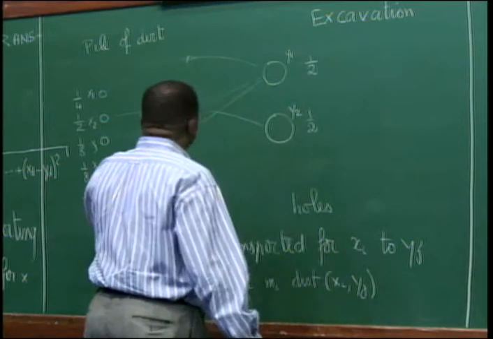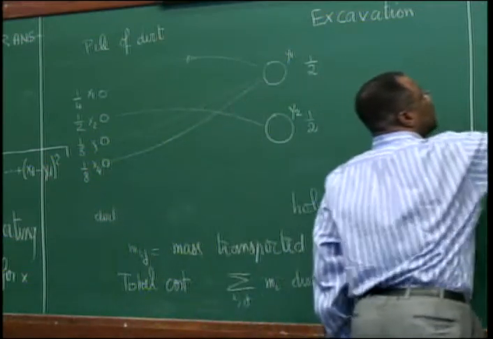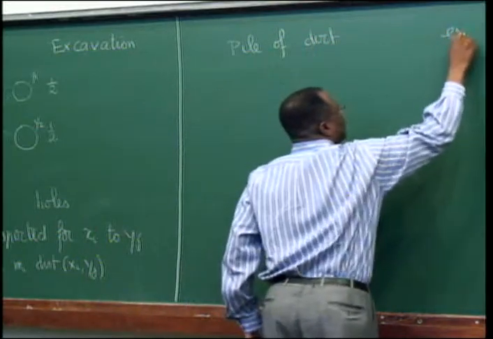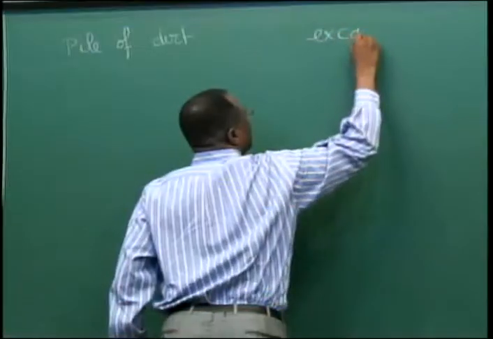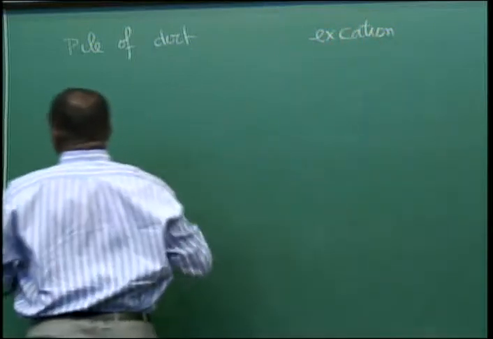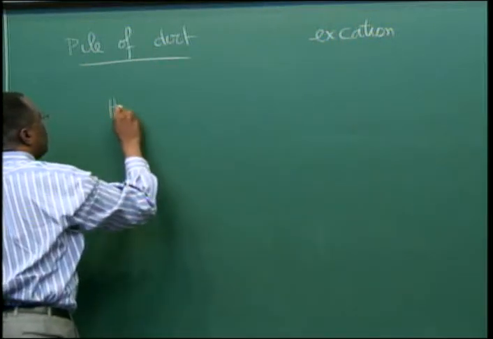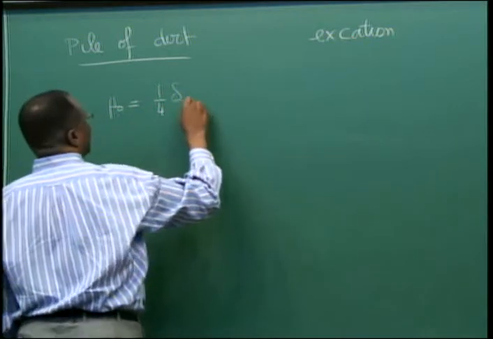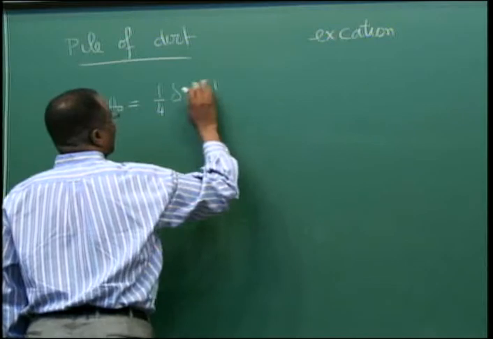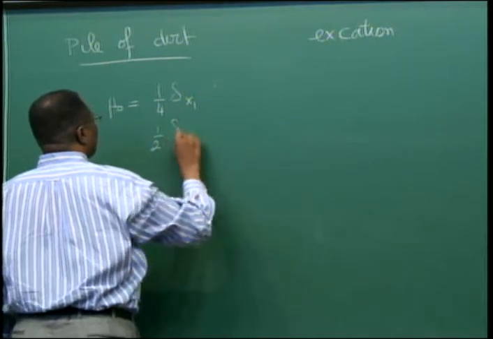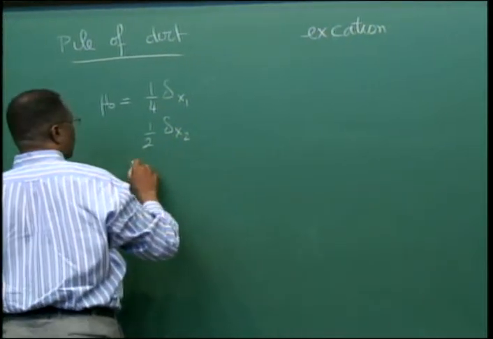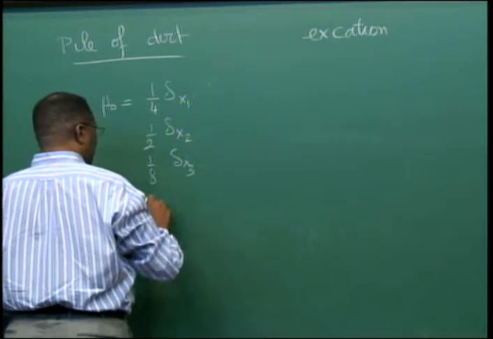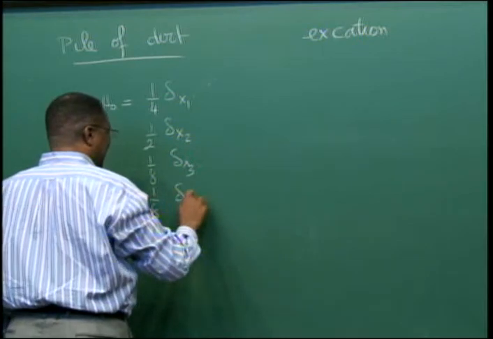Mathematically, I can represent the pile of dirt and the excavation by probability measures. So the pile of dirt will be mu naught equal to 1/4 delta x1 plus 1/2 delta x2 plus 1/8 delta x3 plus 1/8 delta x4.